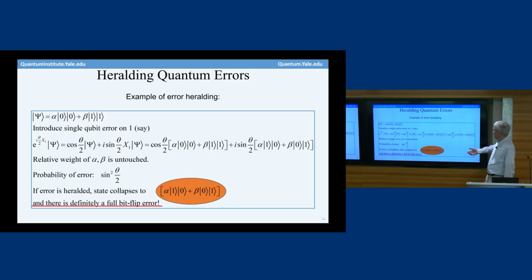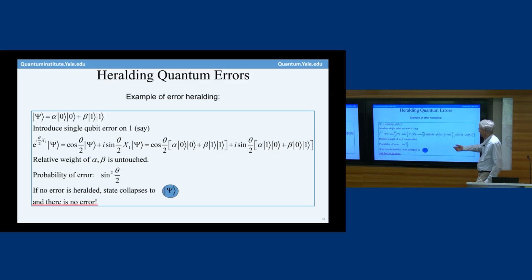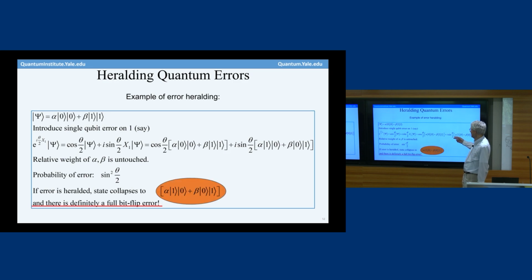That occurs with probability cosine squared theta over 2 by the Born rule. But with probability sine squared theta over 2, the product of the two Z's comes out to be negative, and the state collapses to this. The alpha and beta are still there, but they're multiplying different states. And now there's no more superposition of no error and error.